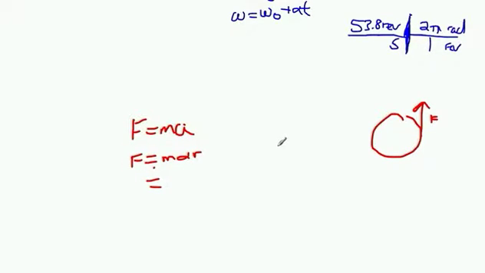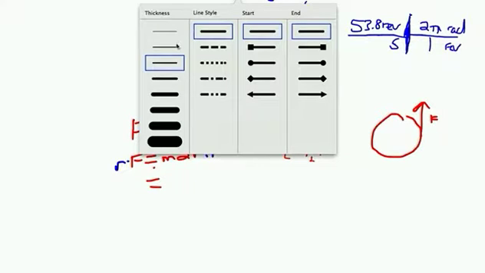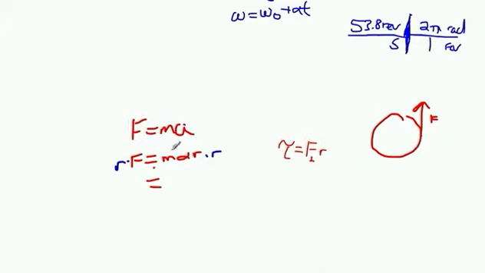Remember, torque is perpendicular force times the lever arm R. So we need another R over here. So let's multiply both sides of the equation by an R. You're allowed to do anything to both sides of an algebraic relationship so long as you do it to both sides.